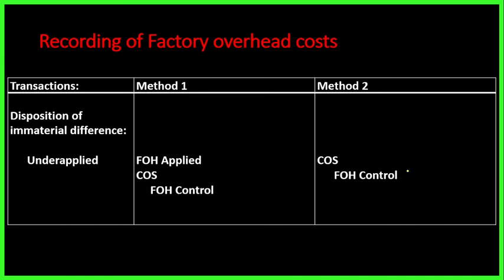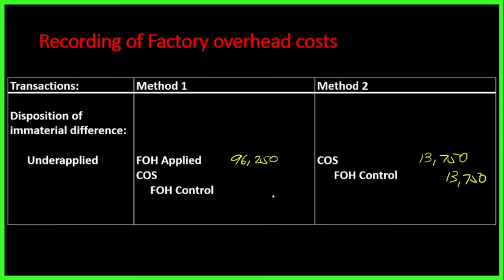We are under-applied, so our cost of sales will be adjusted by 13,750. We're going to close the entire factory overhead applied, which is 96,250.